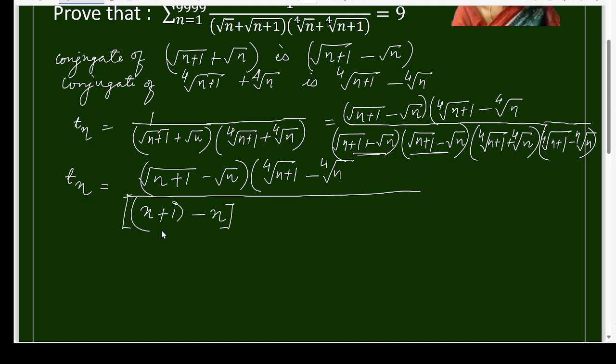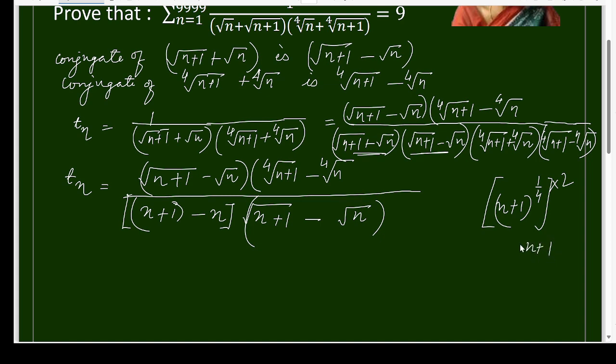And the second one is the fourth root; when we take the square, it will be the square root. So it will be square root of n plus 1 minus square root of n, because the fourth root of n plus 1 squared is n plus 1 to the power half, or square root.